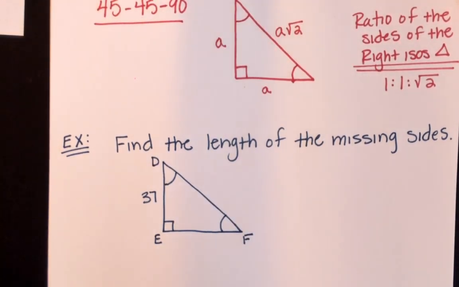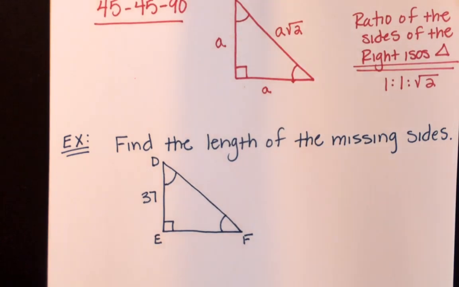Now again, here's this big number. And if I did the Pythagorean theorem, I'd have to know or go to my calculator and get 37 and square it. So instead of doing that, I'm going to write out our formula.